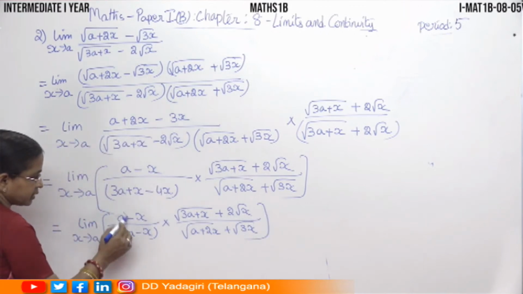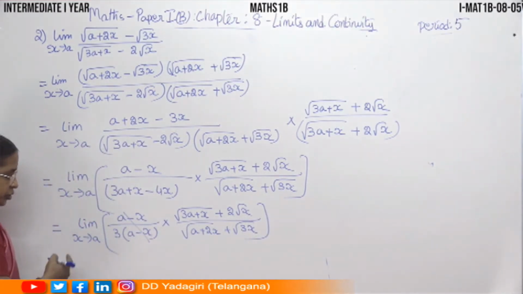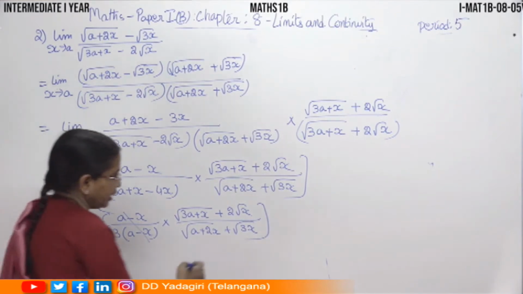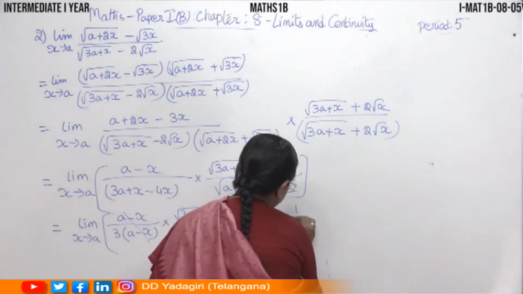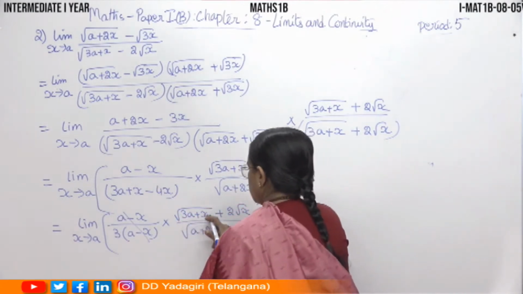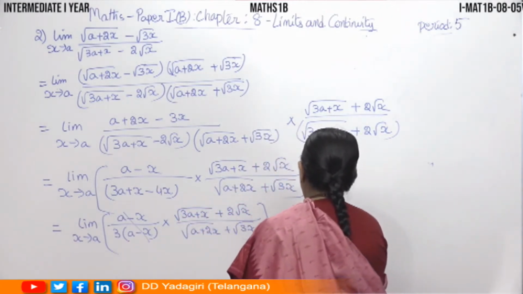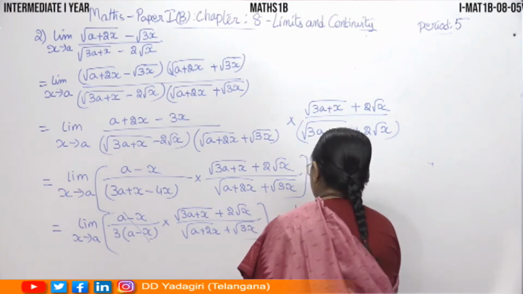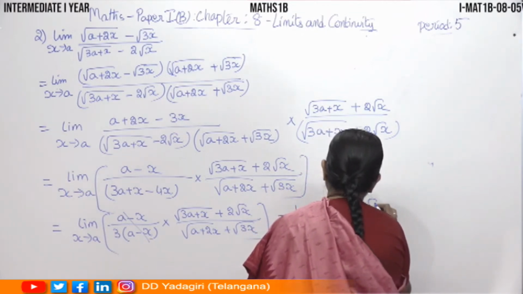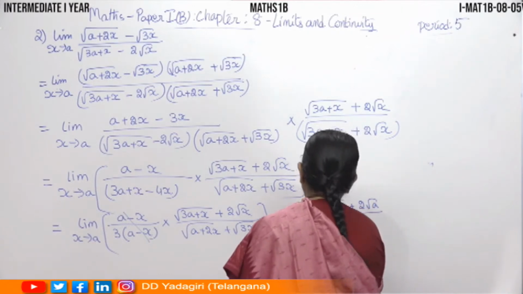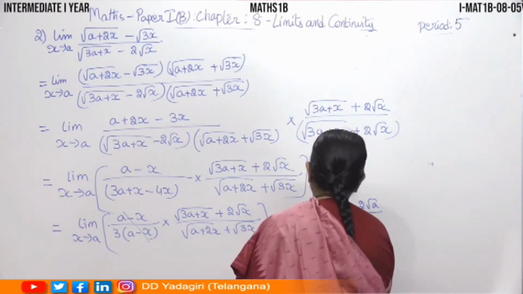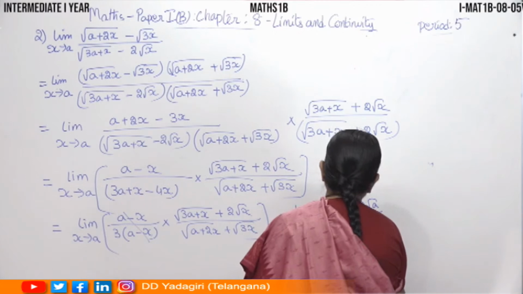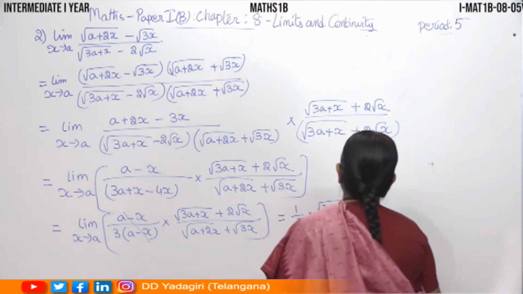Now a minus x gets cancelled. You can just substitute the limit. So when you substitute x as equal to a, this is 1 by 3. So the limit is 1 by 3 into, now put x as equal to a, root of 3a plus a plus 2 root a by root of a plus 2a plus root of 3a.